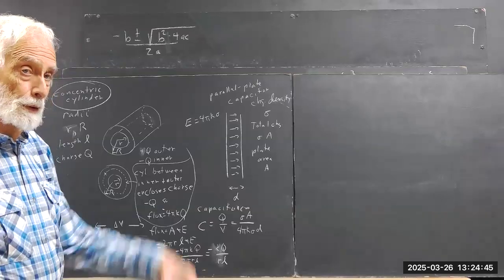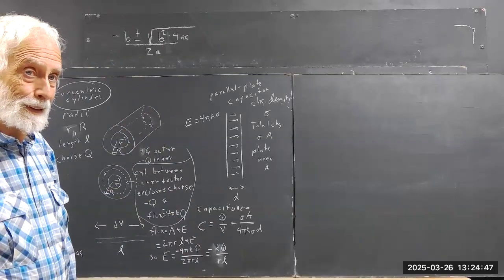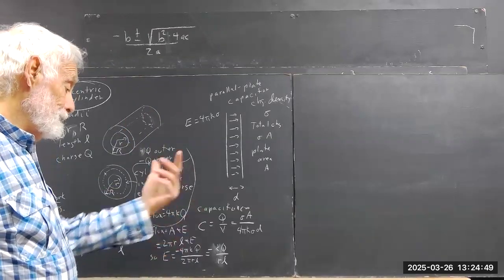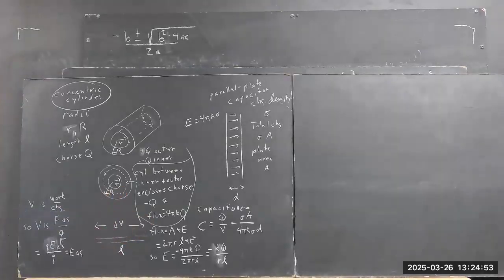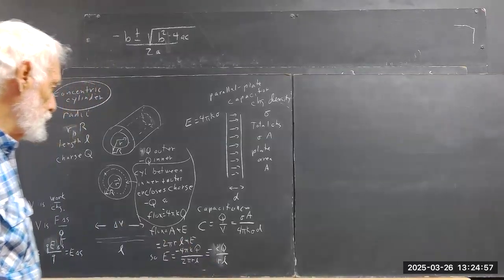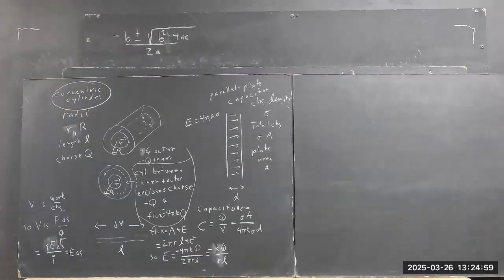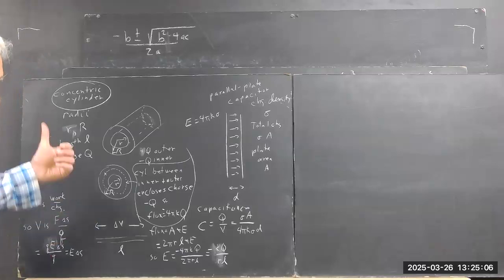Meters squared divide out and you get units of newtons per coulomb. Okay, field. So there's the electric field. And it's radial.